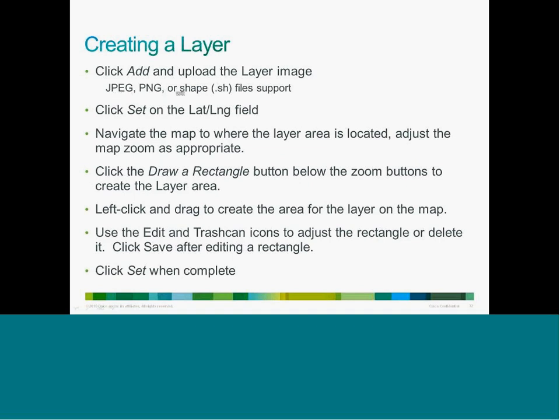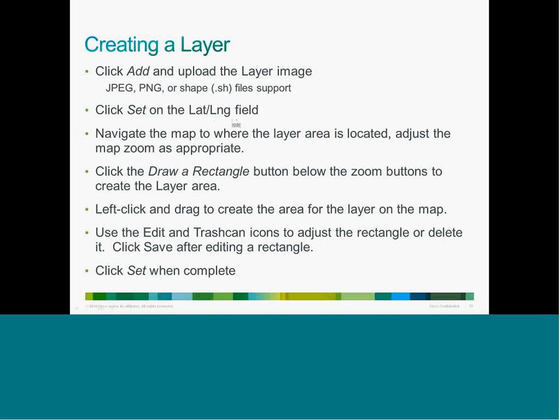There's a few different options for your layer images. The ones I had uploaded were PNG. You could use JPEG or shapefiles. Shapefiles are useful when you have the offline mode. Shapefiles have latitude, longitude and a few other parameters internal to the file format, so that might be useful as a middle compromise when you're in the offline mode.